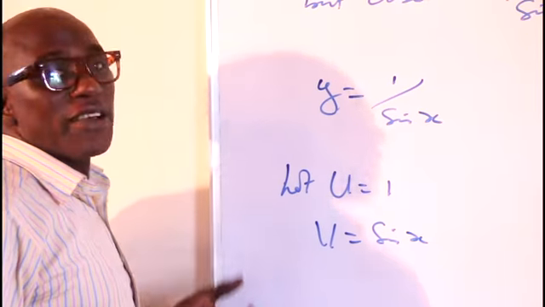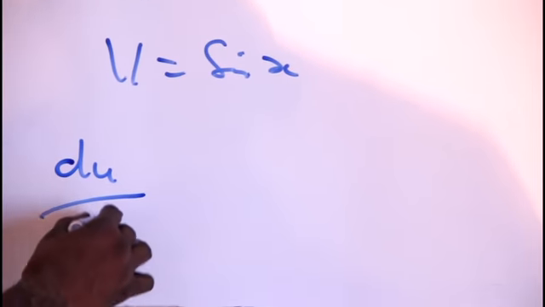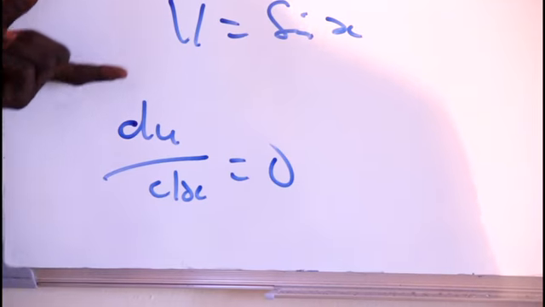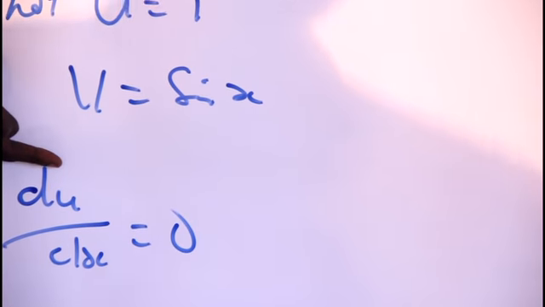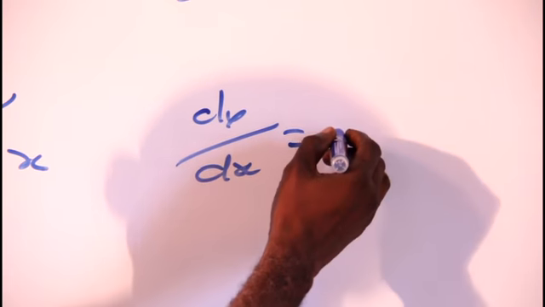So if we find the derivative of the function u with respect to x, du over dx will be equal to 0. Then finding the derivative of the function v with respect to x, dv over dx will be equal to cos x.